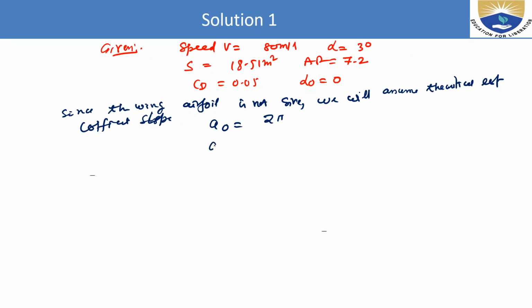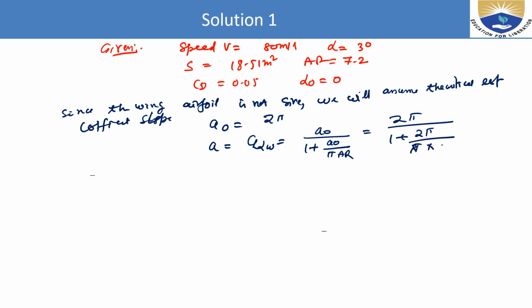So A is equal to CL alpha W, that is A naught divided by 1 plus A naught by pi times aspect ratio. A naught is equal to 2 pi, so 1 plus 2 pi divided by pi into aspect ratio 7.2. So this A you will get 4.9 per radian. So we got the A.